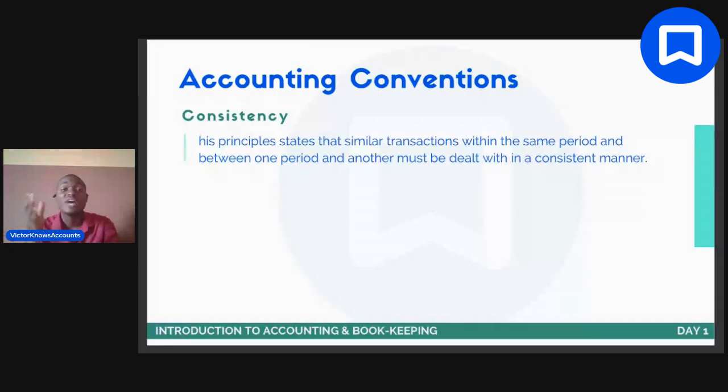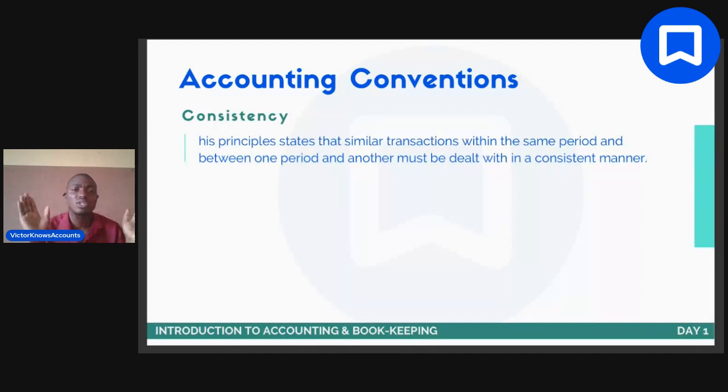Will be divided into short periods. For example, a month, 6 months, or annually, which is what is mostly used. Now, the consistency concept is saying that if you use a particular method to value a transaction in this period, you should also use the same thing next period.